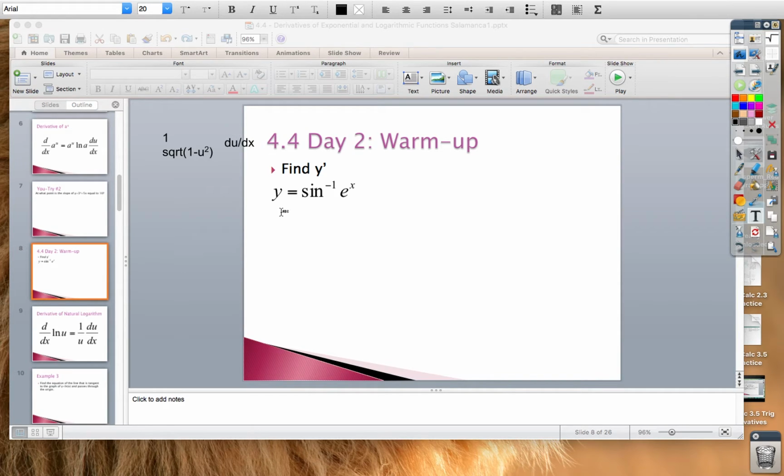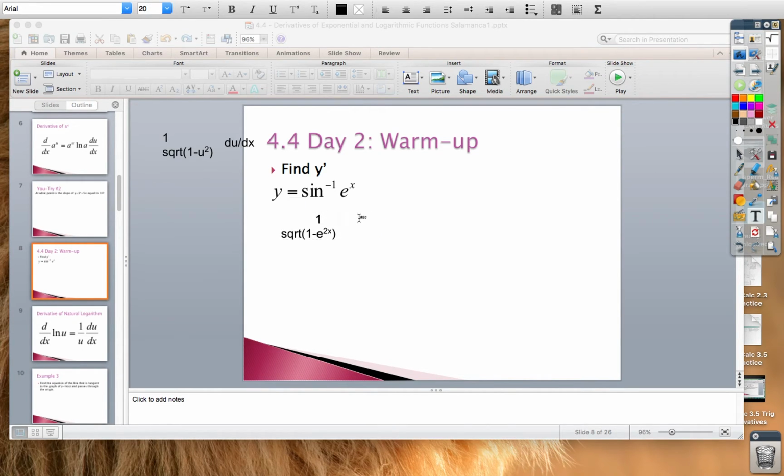This is going to give us 1 divided by the square root of 1 minus e to the x, squared. So that's going to be e to the 2x, because if we're going to raise that power, times du dx.